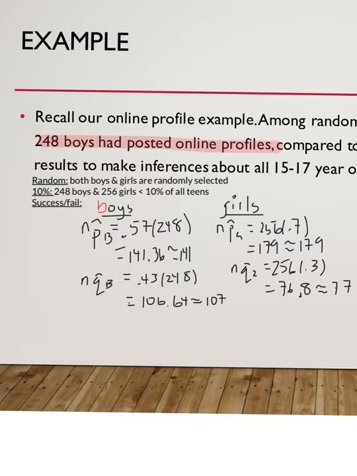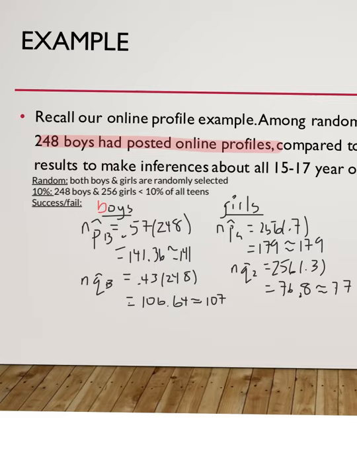And for success/fail, for boys we have approximately 141 successes, and our failures, boys without online profiles, is about 107. For girls, 256 times 0.7 is approximately 179. And for the failures, girls who do not have online profiles, is approximately 77.